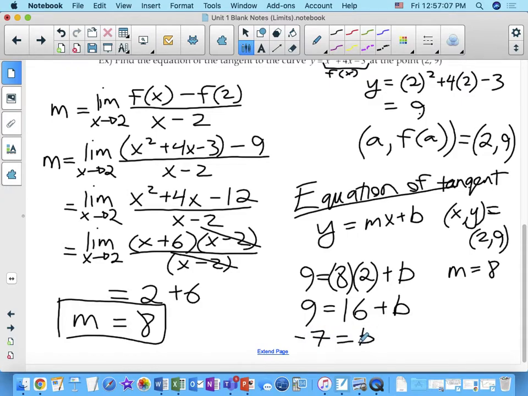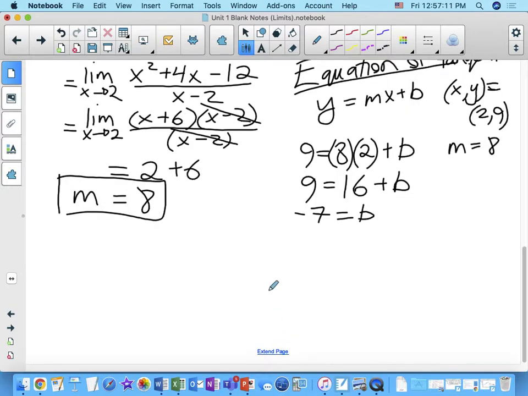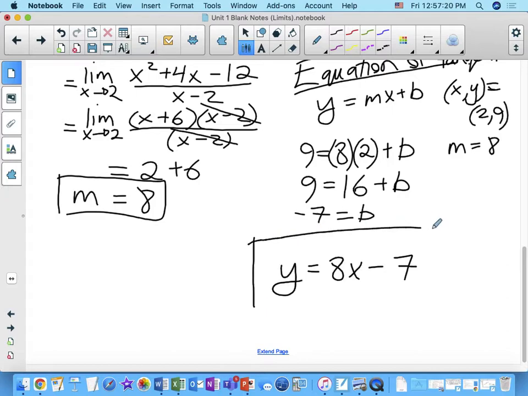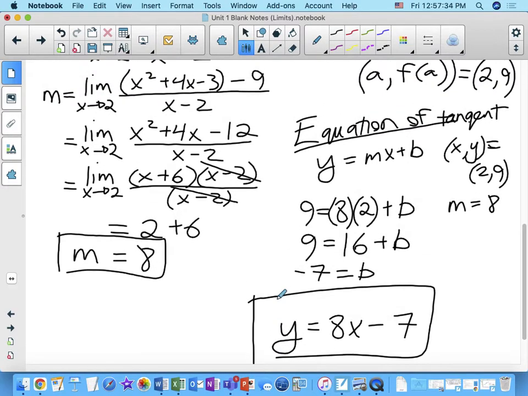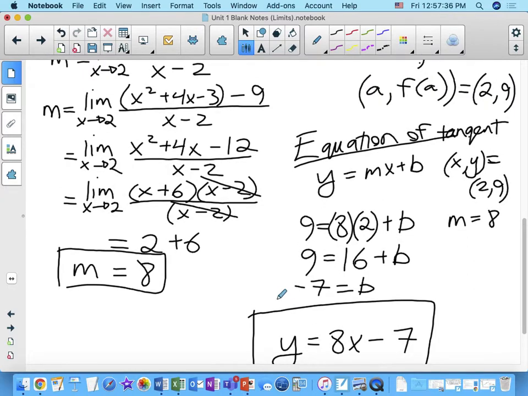Okay, so the entire answer at the end of the day to the equation of the tangent line is y equals 8x minus 7 at that specific point. Okay. Is that good? Okay.